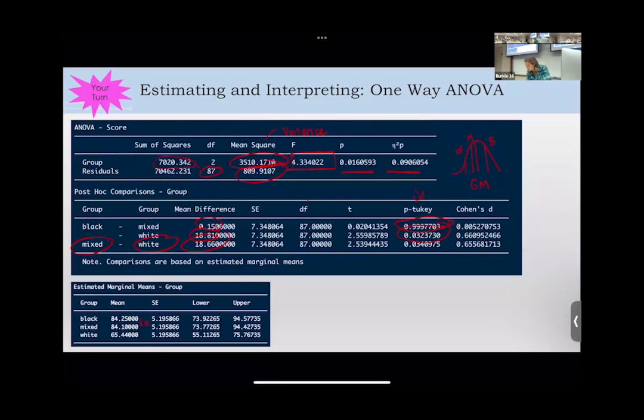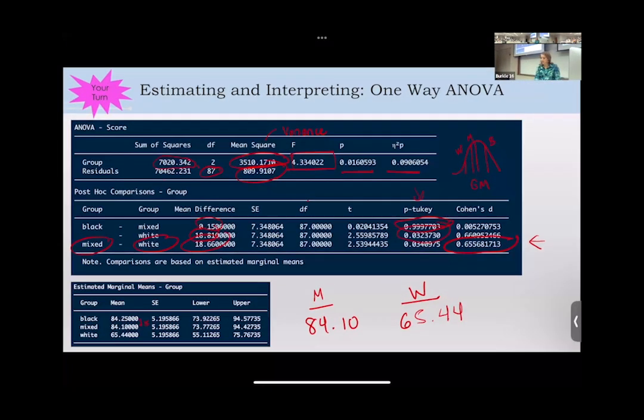It's literally saying, let's take mixed versus white. Mixed is 84.10. White is 65.44. That D is saying these two numbers are 0.66 standard deviations away from each other. That's what that D is telling us.